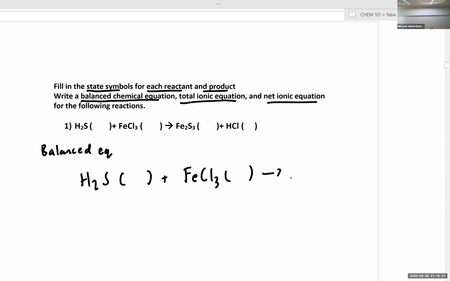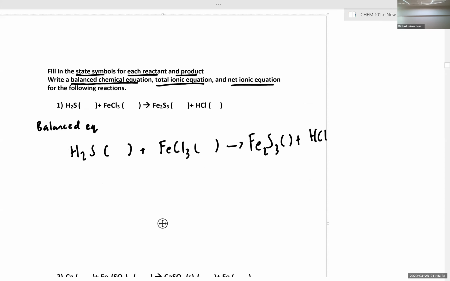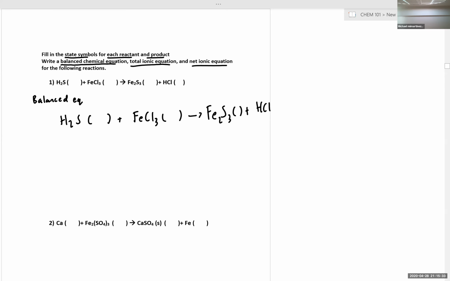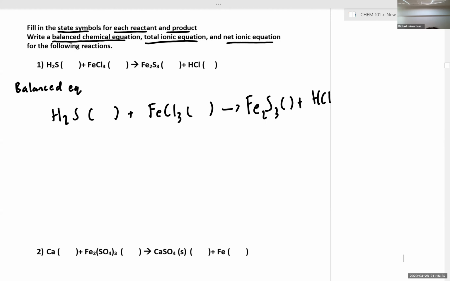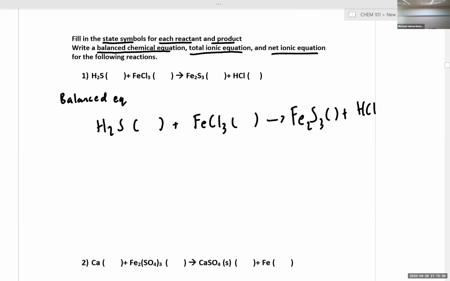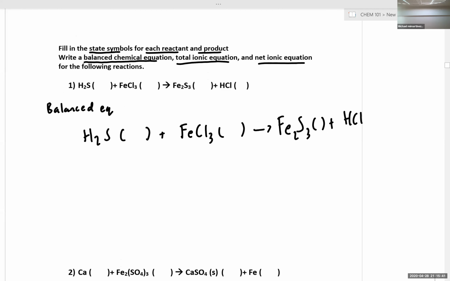So what element do we want to start with in balancing this equation? Let me adjust our view. Okay, let's start with iron.